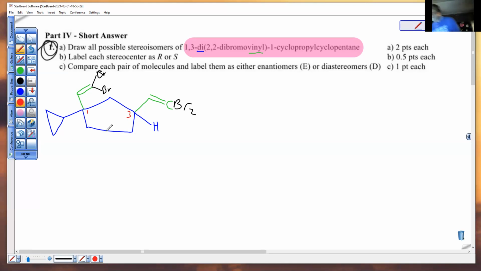So here we go. We've got a stereocenter on 1. I'm just going to give you the priorities here. I hope you can catch up later. The 4 is here. The 3 is here. Both of these C's have 2 more bonds to C and a bond to H, so they're tied.